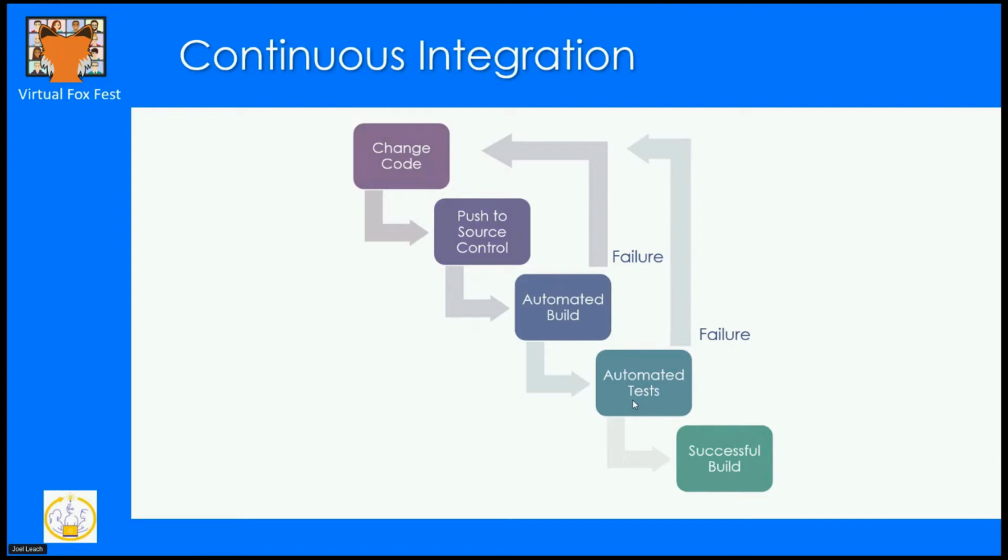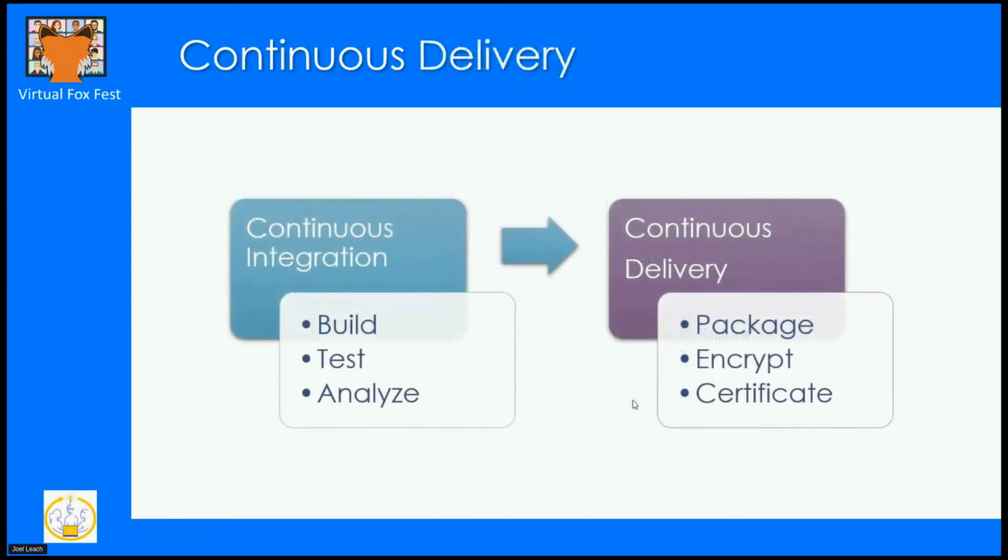Okay. And I've been using continuous integration as sort of a catch-all term for this section, but you typically follow it up with continuous delivery, which is automating the creation of a deployment package. That's, in other words, a package that can be used to install your application.